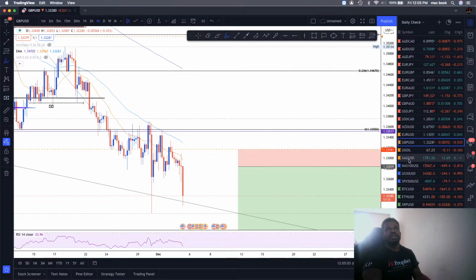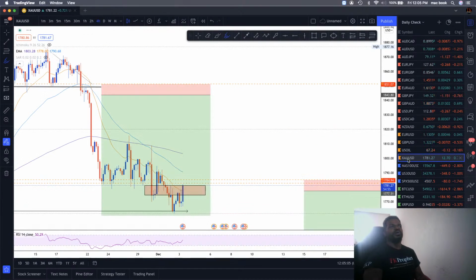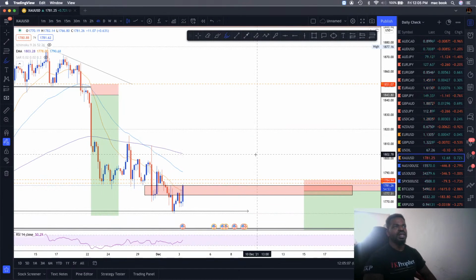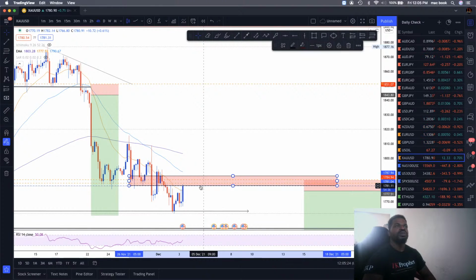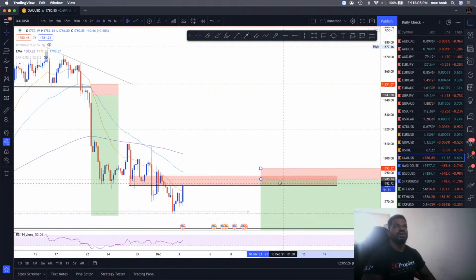We also looked at gold. We're looking at gold after it retests this zone here. That's what we were waiting on last night. Let's see, there may be a chance that gold retests this entire structural level here.